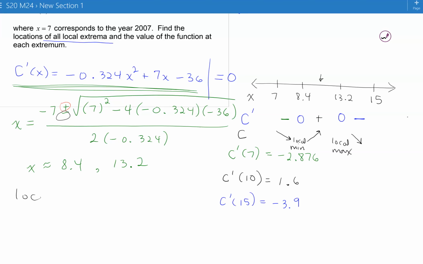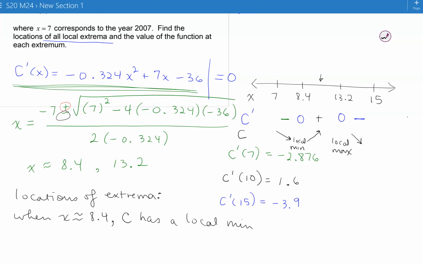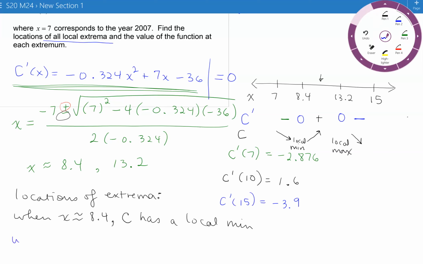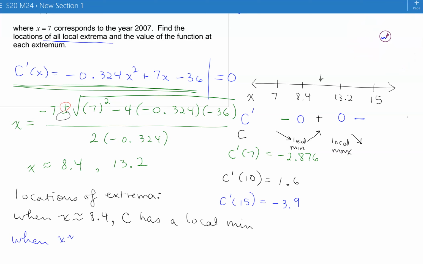So the locations of the extreme values: when x is about 8.4, C has a local min. When x is about 13.2, C has a local max.